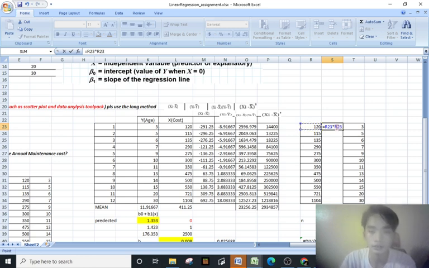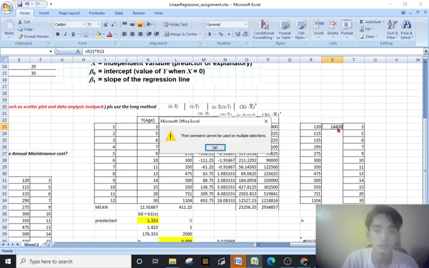So click enter. And copy paste for the rest.